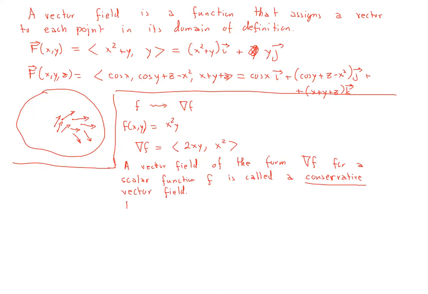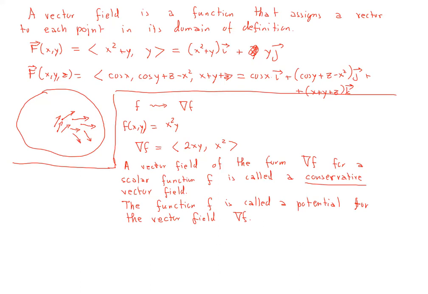The function f is called a potential for the vector field, or a potential to the vector field. So as I told you, in some cases, the function is not going to be referenced in advance.